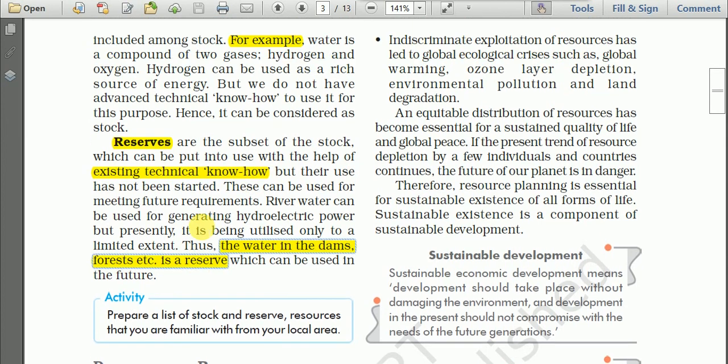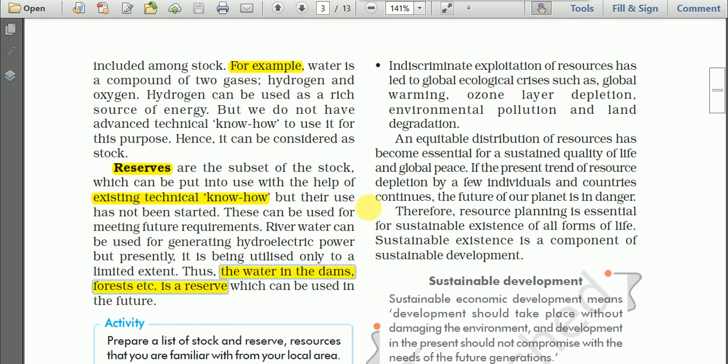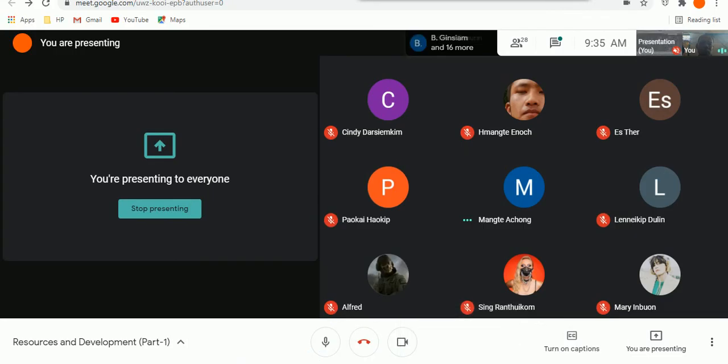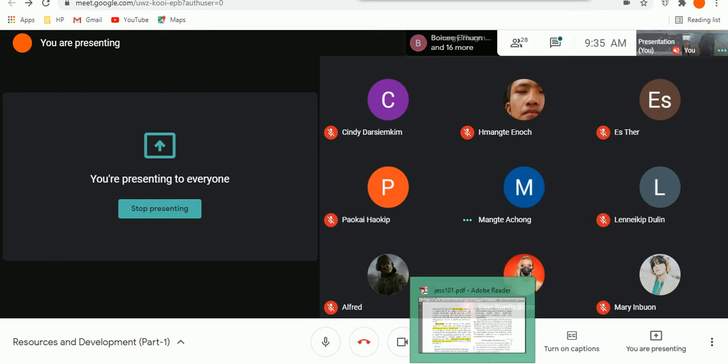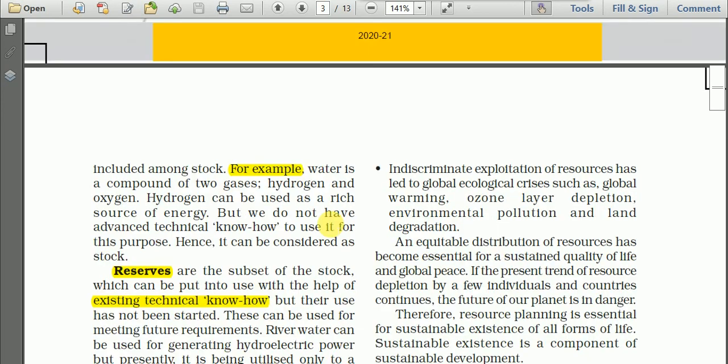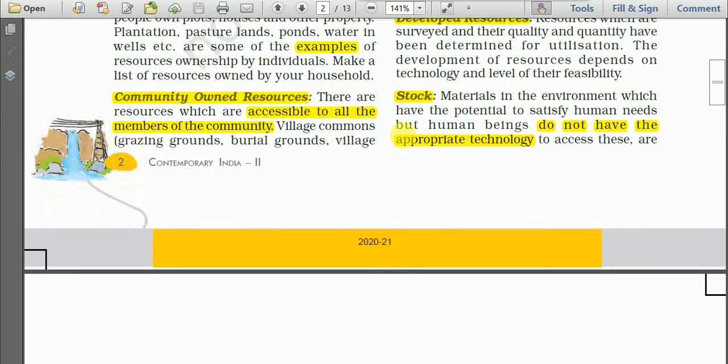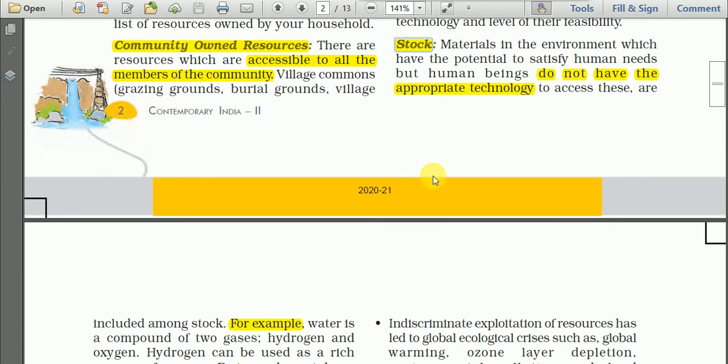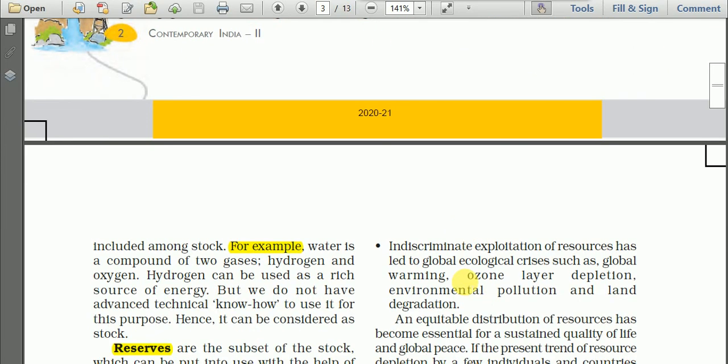So what is the main difference between reserve and stock? Can you tell me, boys and girls? In the case of stock, these are materials which can satisfy human needs, but human beings do not have the technology to use it.